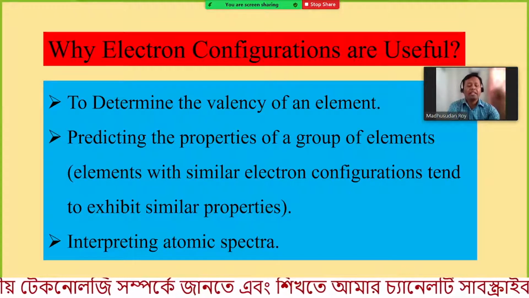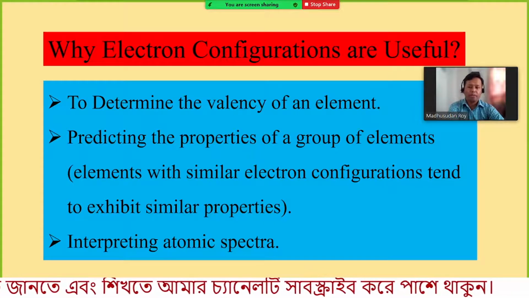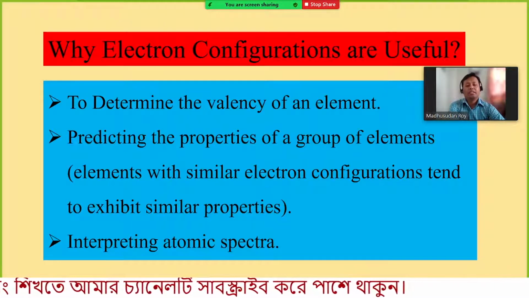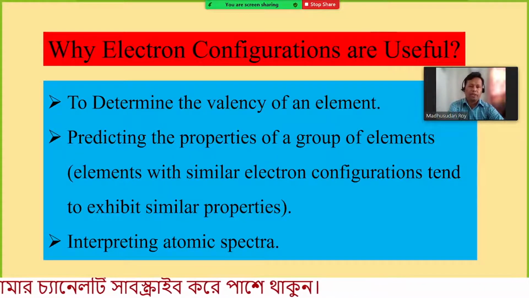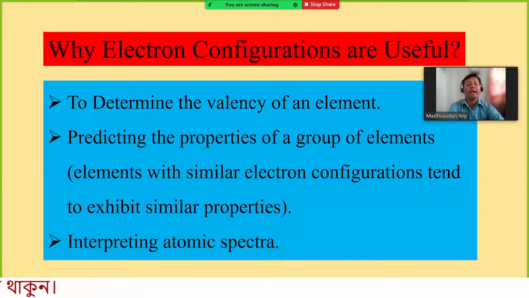This energy is released as a wave. So that is specific for a specific atom. Every atom has a specific atomic spectrum, and we can get an idea of it if we know the electron configuration of that atom or element.